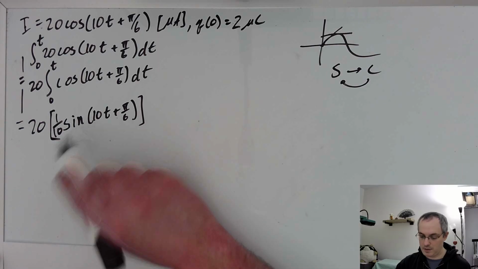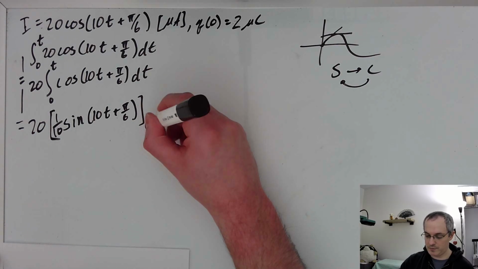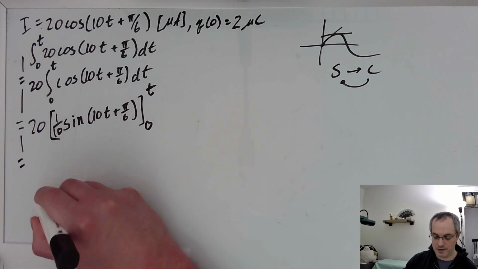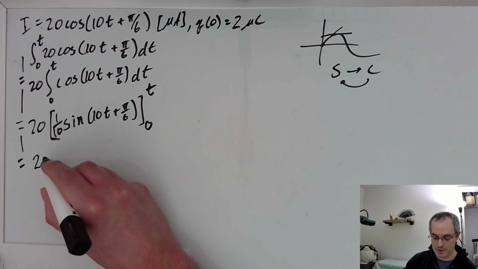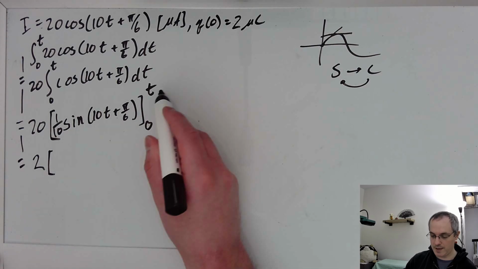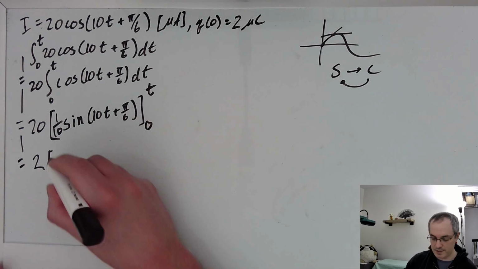So, yeah, looks good. All right, so then the limits on this is from 0 to t. So we'll have the 10 can come out, and that will be a 2 times, so the sine at the t would just be this thing.